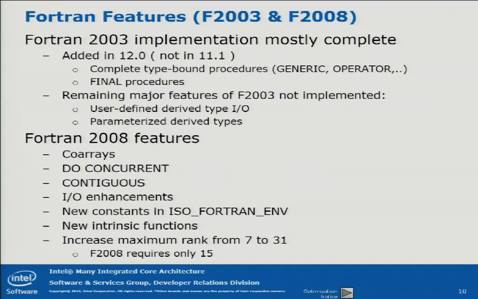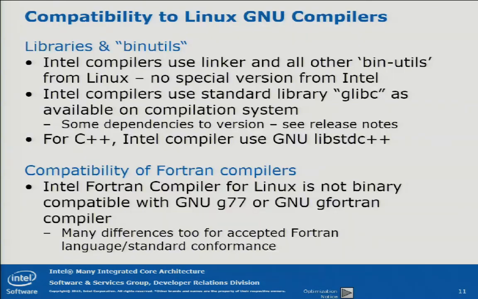And Fortran 2008, we have co-arrays in there, do concurrent loops, contiguous, all the I/O enhancements, and some other features are in there as well. So it's basically a good share of things that you find in real life are supported by our compiler, although we are not fully compatible yet. We are working on that, as I said.